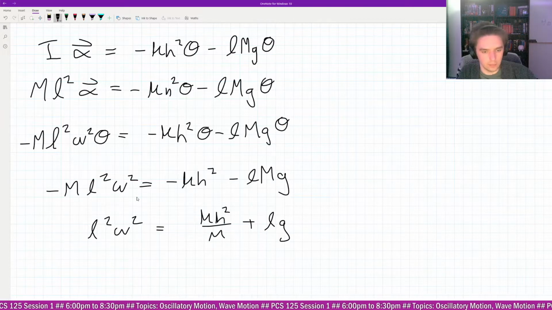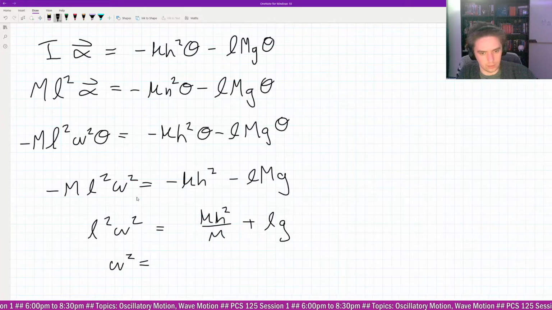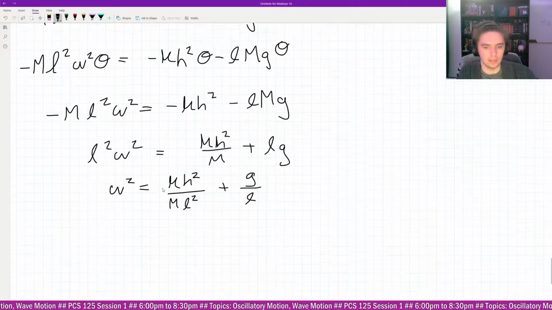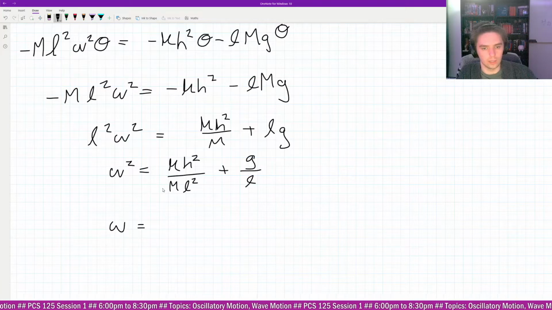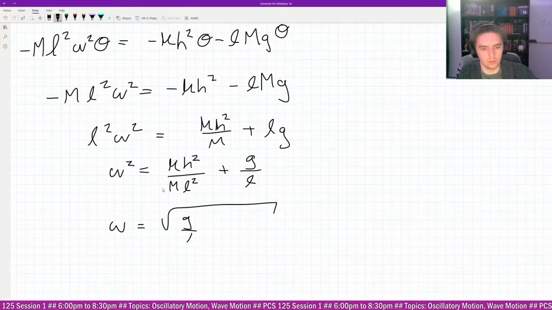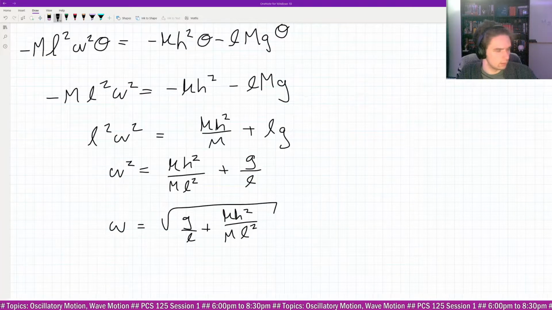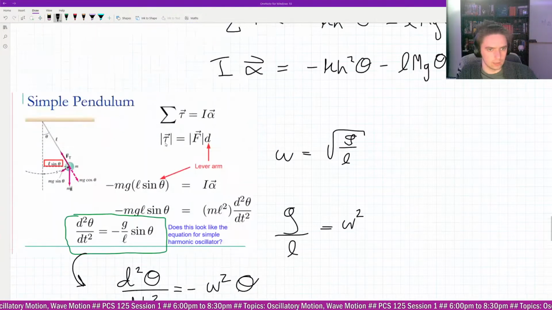Divide everything by L squared, so omega squared equals kh squared over mL squared plus g over L, and then just take the square root. Omega is the square root of g over L plus kh squared over mL squared, which is essentially what they wrote, I'm pretty sure.